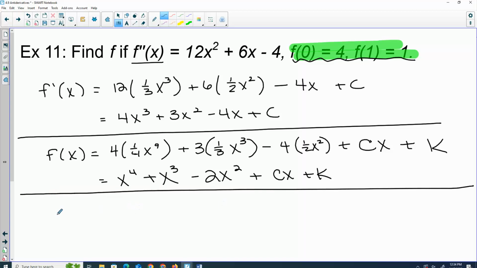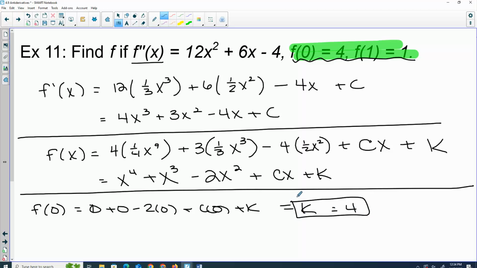So when I say f of 0 equals 4, if you put in 0 for all of your x's, you get 0 plus 0 minus 2 times 0 plus c times 0 plus k. So that's just k. And I told you that f of 0 is equal to 4, so what I currently know is that my k is 4.